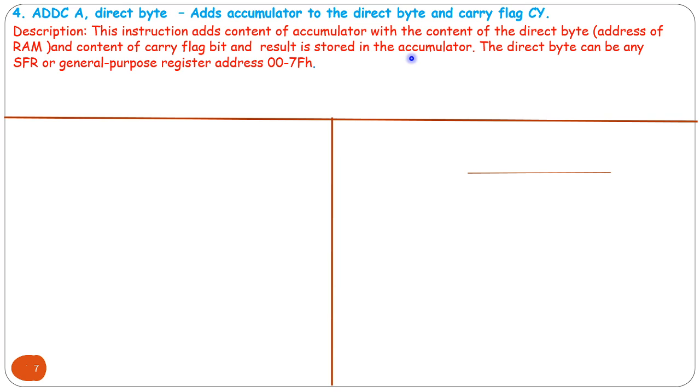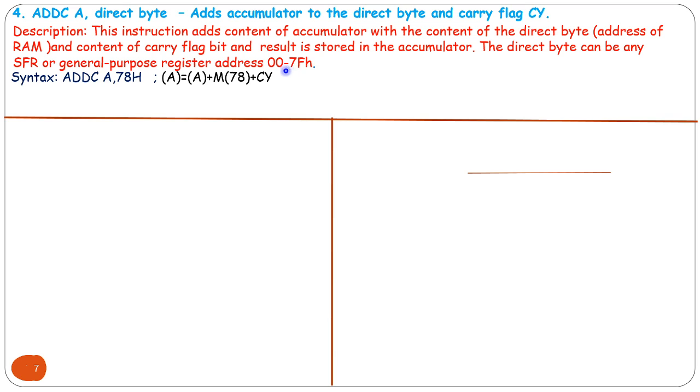Result is stored in accumulator register. The direct byte can be any special function register or general purpose register address, and that address starts from 00 to 7F. So this is the random access memory address, and the capacity of random access memory, as we know, is 128 bytes. So that address starts from 00 and ends at 7FH.